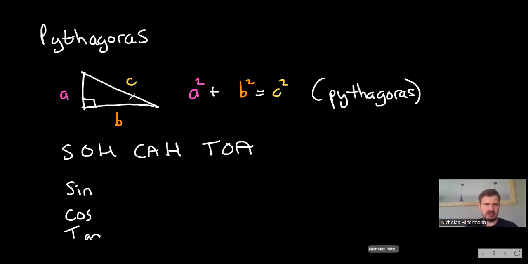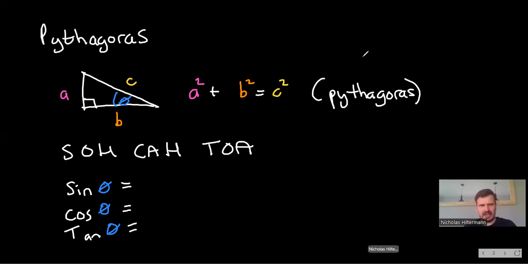Then I have here, and so that angle there, the opposite is the A, the adjacent is the B, and of course the hypotenuse is the C. And so I have sine equals opposite over hypotenuse.